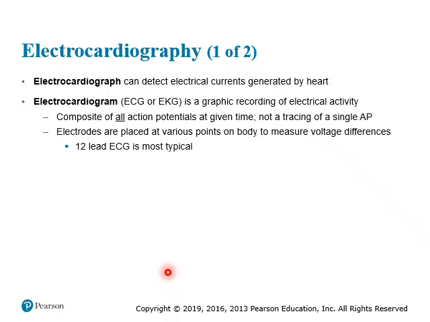An EKG, or electrocardiograph, can detect electrical currents that are generated by the heart. Since you are not able to do EKGs in a real lab, you are going to be looking at EKGs that you will be doing in the interactive PhysioEx lab.